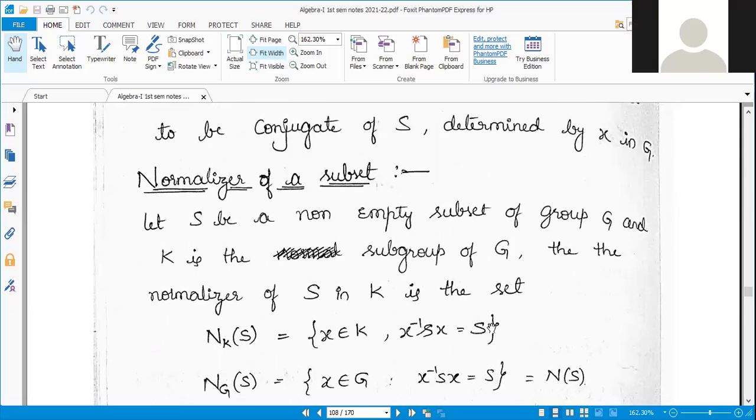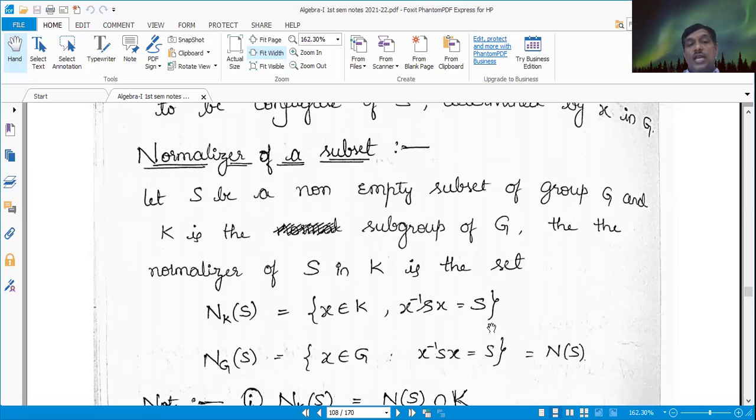Let S be a non-empty subset of a group G, and K a subgroup of G. Then the normalizer of S in K is N_K(S), the set of all x belonging to K such that x inverse S x is equal to S. Then N_G(S) is the normalizer of S.